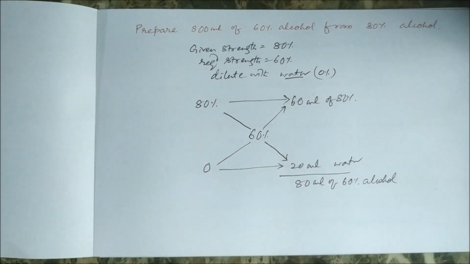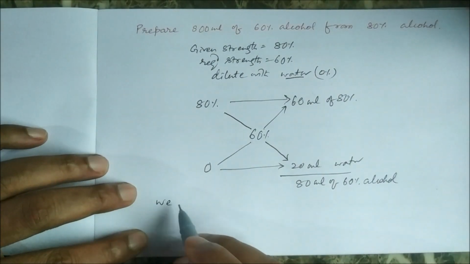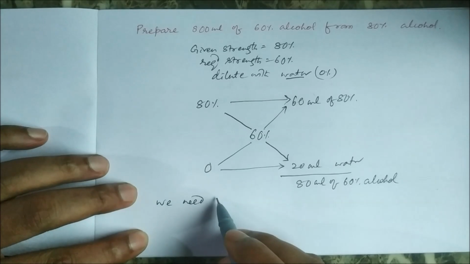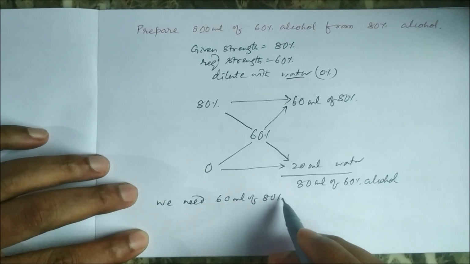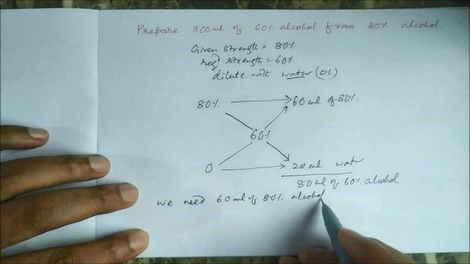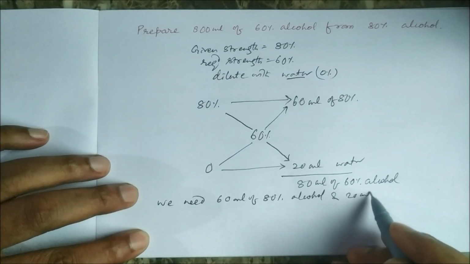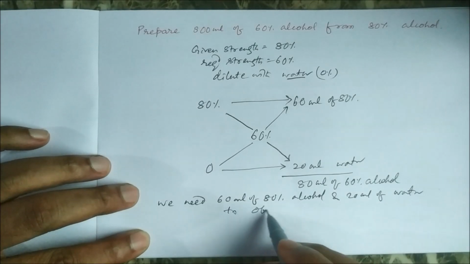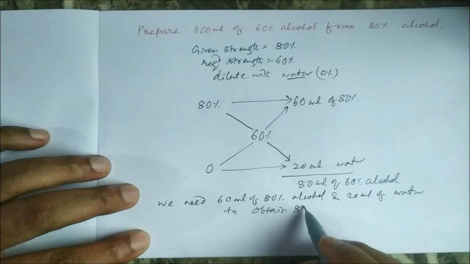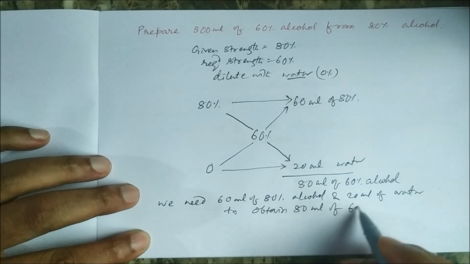So we can write that we need 60 ml of 80% alcohol and 20 ml of water to obtain 80 ml of 60% alcohol.